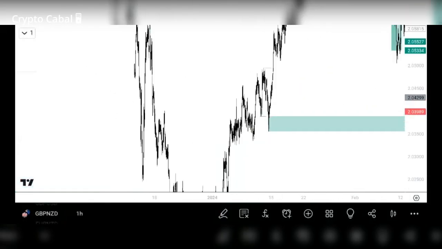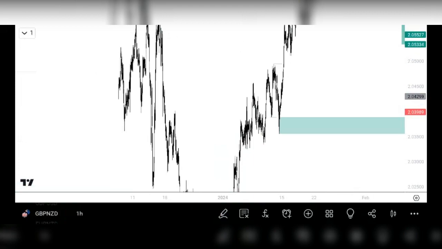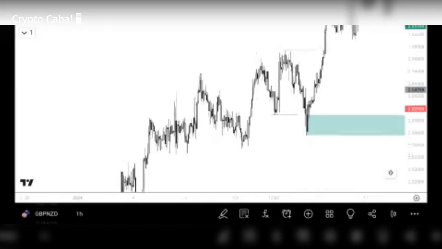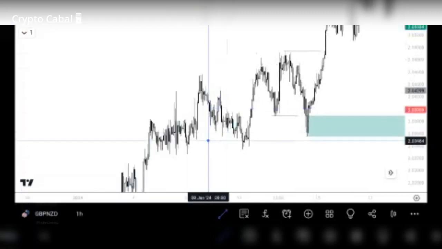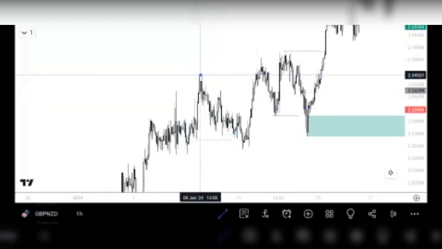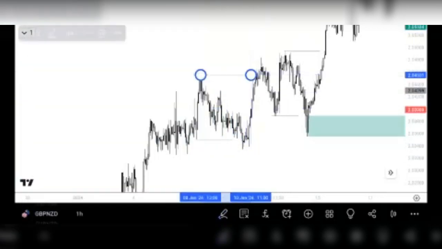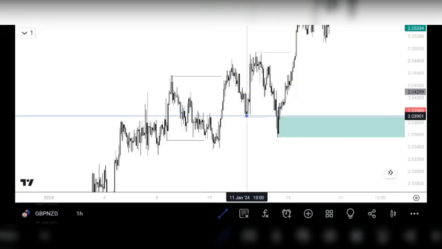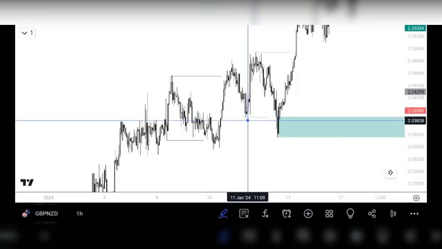Now look at another example. Quickly look at this point. We have a sweep of liquidity at this point. We have a break of structure at this point. Then we have our inducements at this point. Then where is our entry?